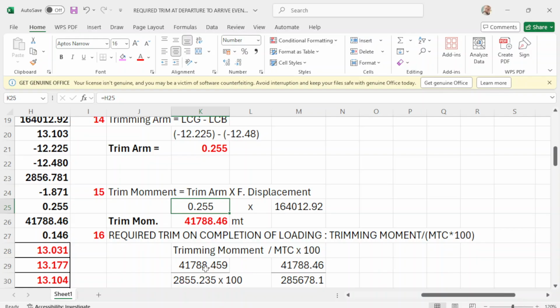So what is your trimming moment? It is 41.78846. This is this one over MTC. What is your MTC?